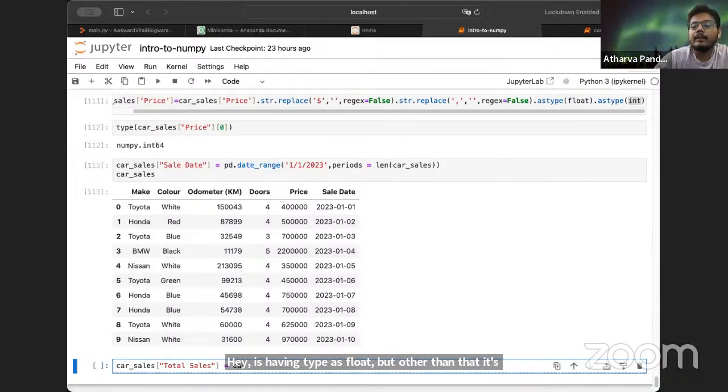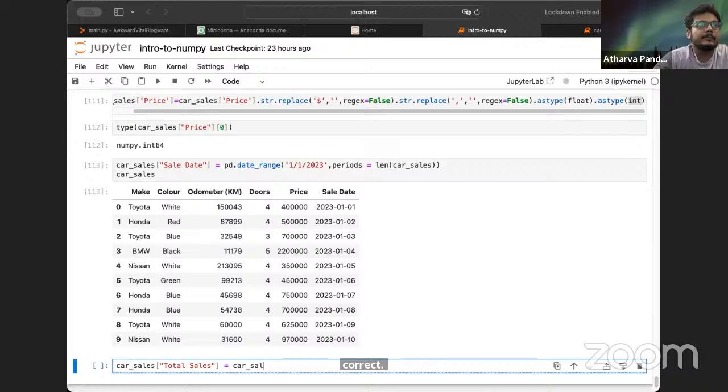So all we need to do is car sales, price, dot. Okay, let's not convert it to float, but if I have to convert it to float, I'll do astype float as well. That's the only change there will be.